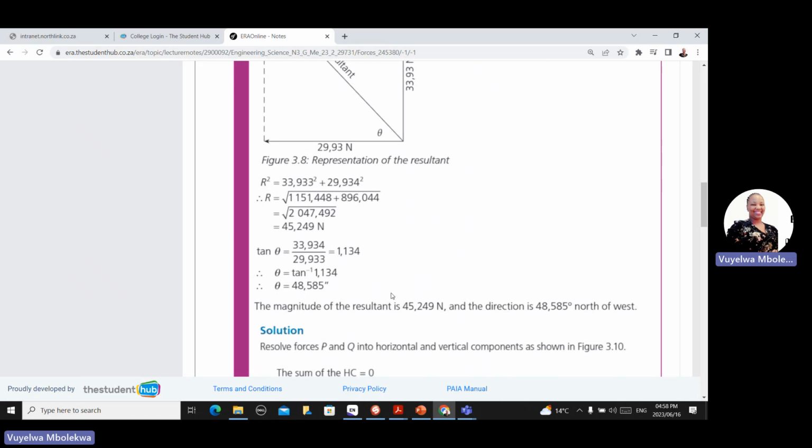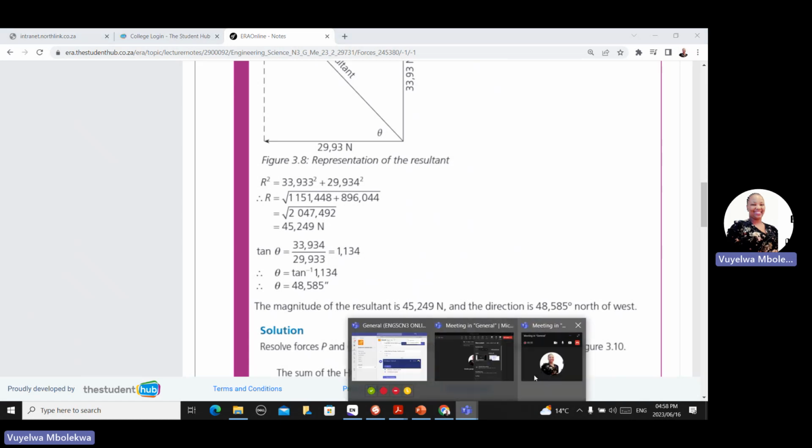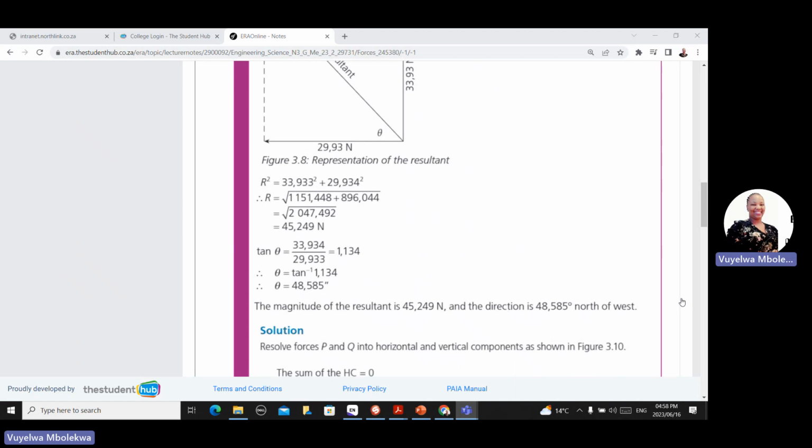So that is the whole concept of calculating a resultant force of a number of forces. You can go to the question papers and do more. Let me end this lesson here. The next topic will be frameworks.